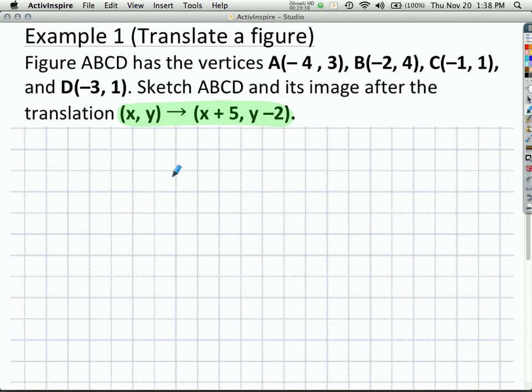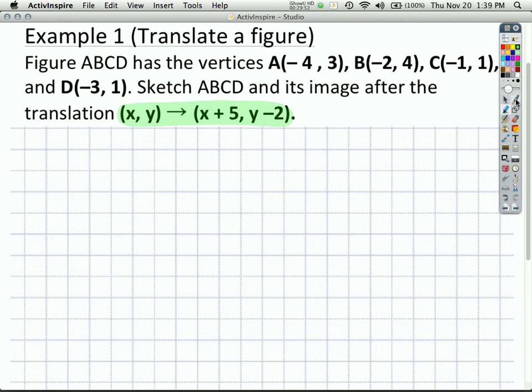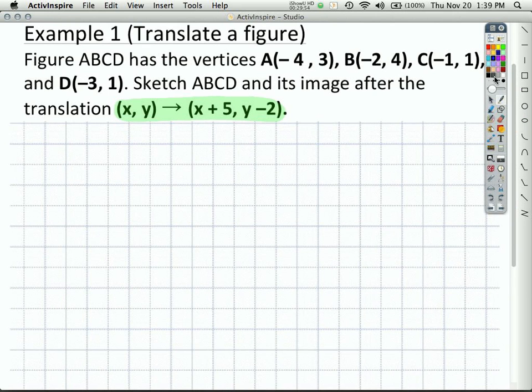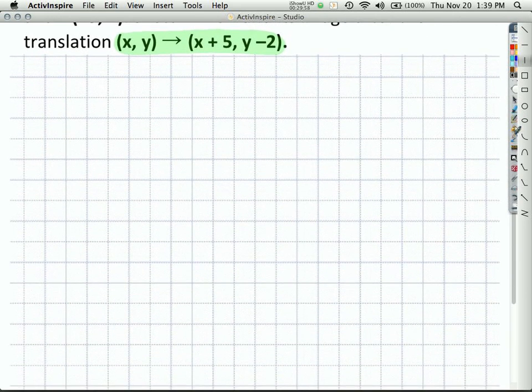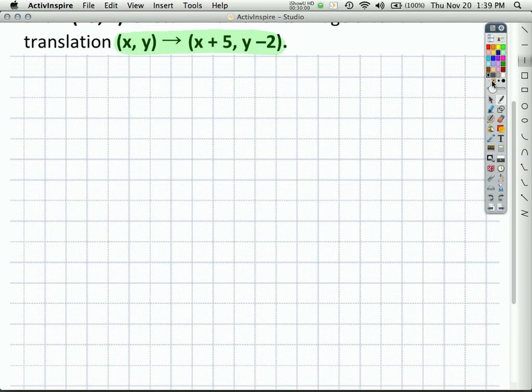We can start by drawing the original figure, the pre-image, or we could start by figuring out what the new image is going to be. We can go in any order that we want. I would like to start with the original image this time. So we need a coordinate grid. Go ahead and set one up for yourself.